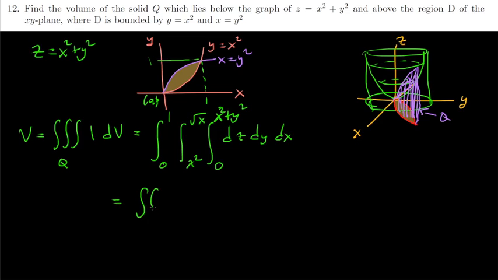Or you can think of it as just a double integral over the region R of the surface z as a function of x and y, dy dx. And this is exactly what will happen when you evaluate this first integral.